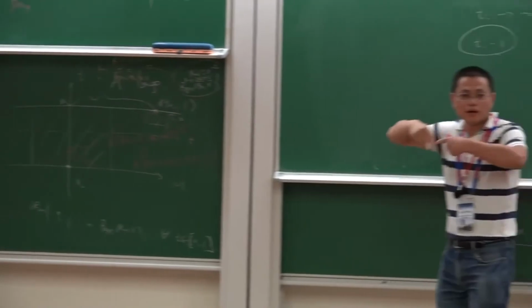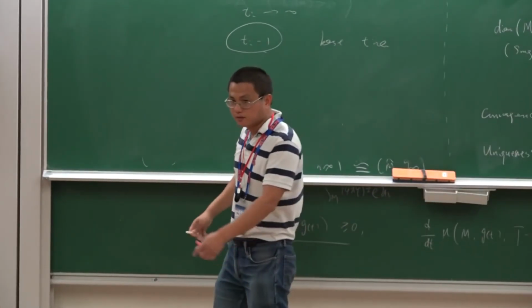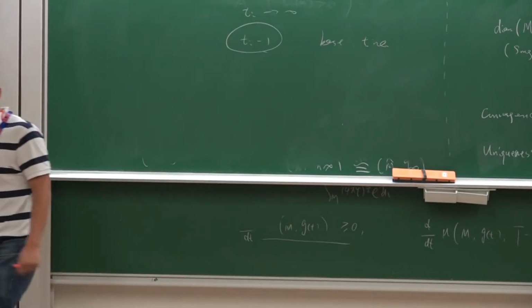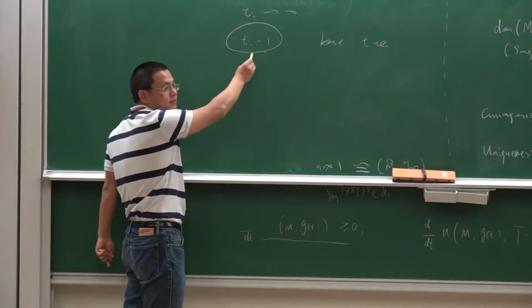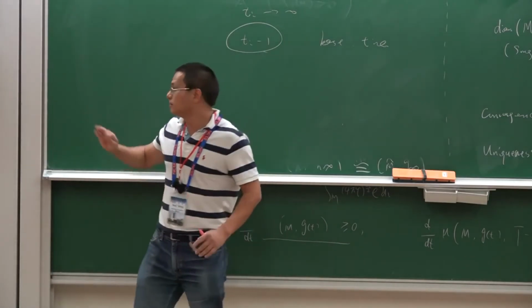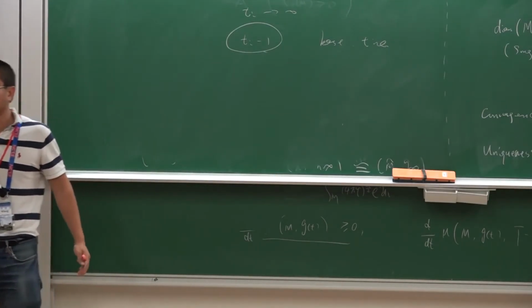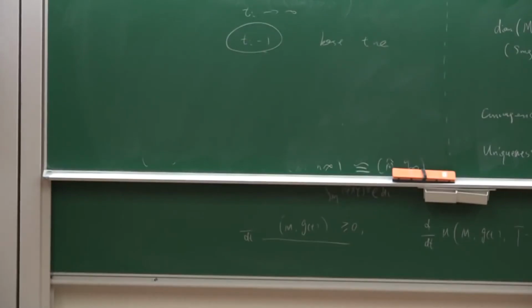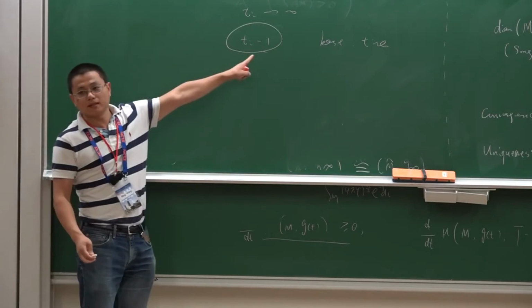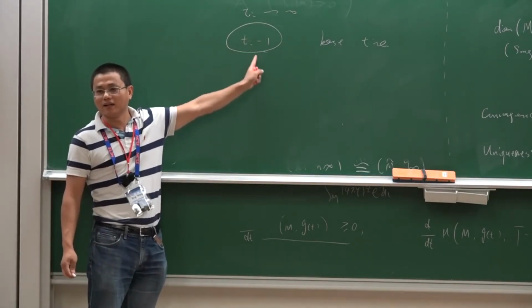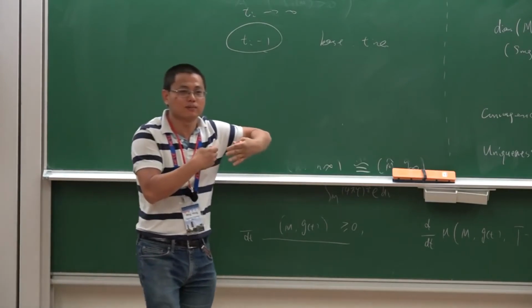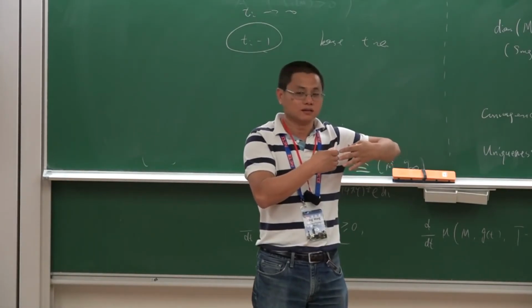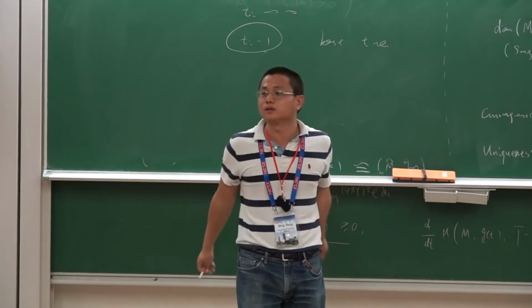Then you have a parabolic rescaling, so that is still a finite time singularity. If you compare Ti with Ti minus 1, then this parabolic rescaling is almost trivial. I normalize it at Ti minus 1 and then I study Ti. The error caused by the normalization can be controlled.